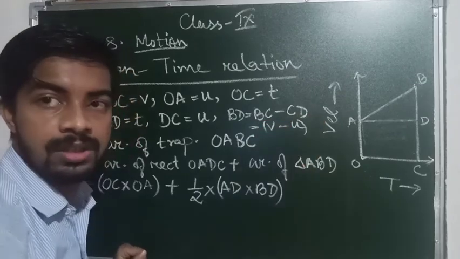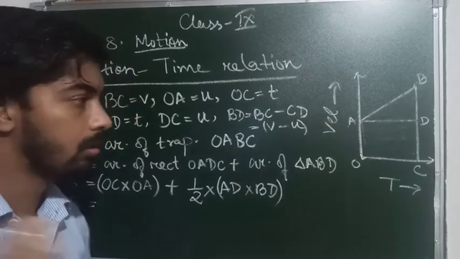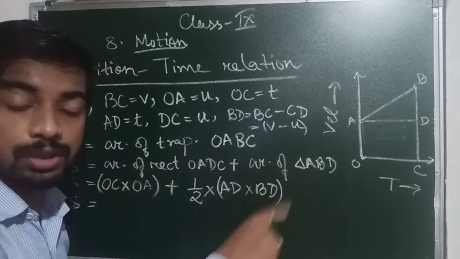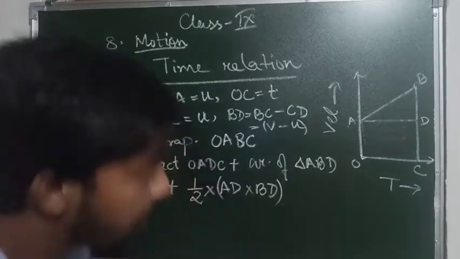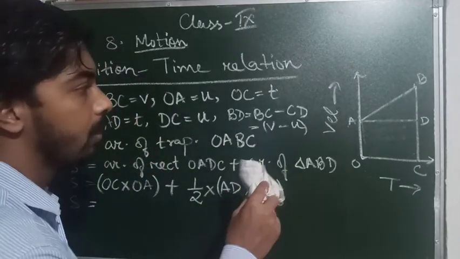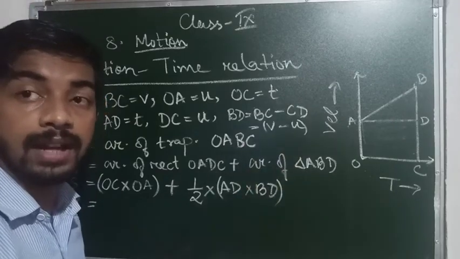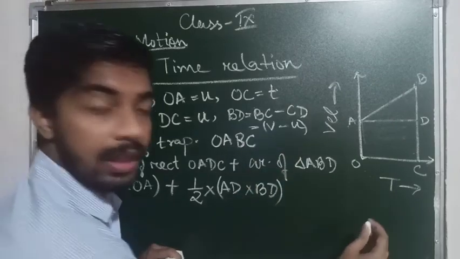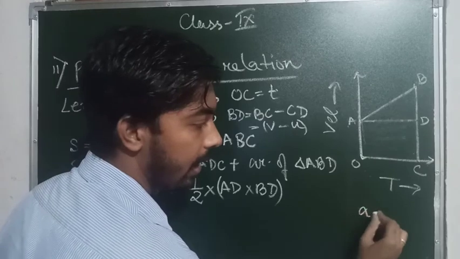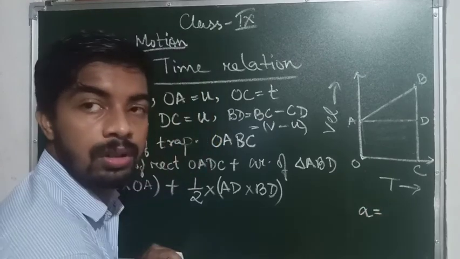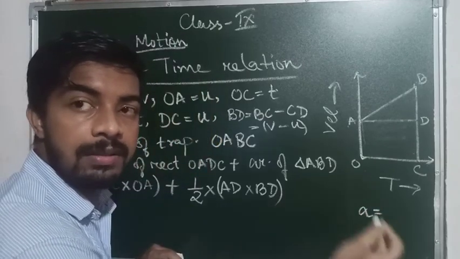So we can use this, or instead of using this we can do one more thing. If you remember, in the first equation, while starting, we wrote one thing: acceleration is equal to change in velocity by time taken.